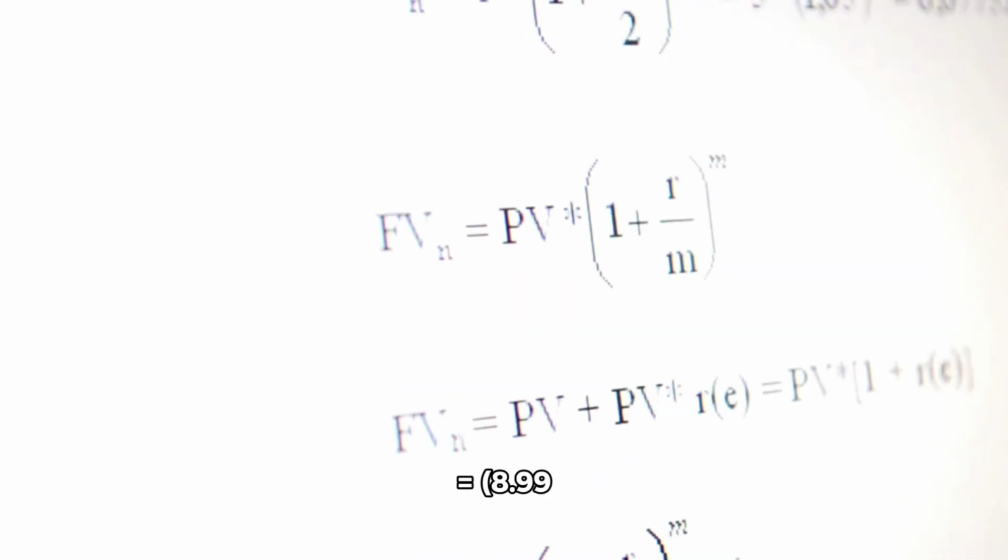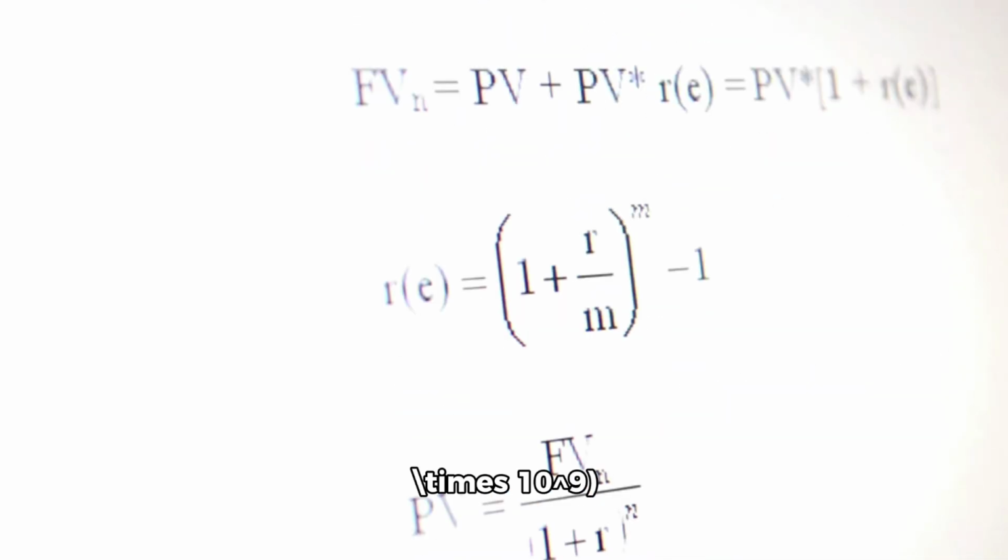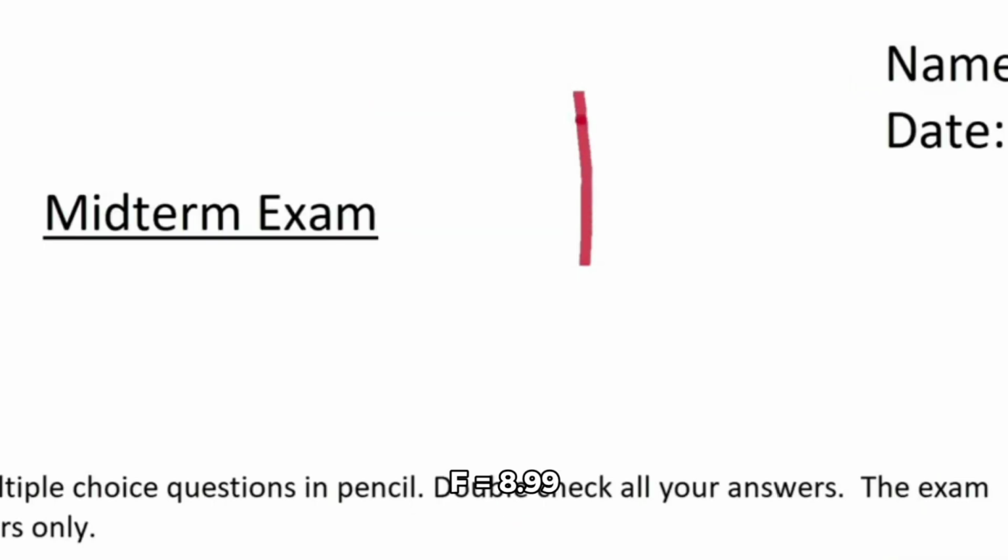F equals 8.99 times 10^9 times 10.0 times 10^-12 over 0.01. F equals 8.99 times 10^9 times 1.0 times 10^-9. F equals 8.99.